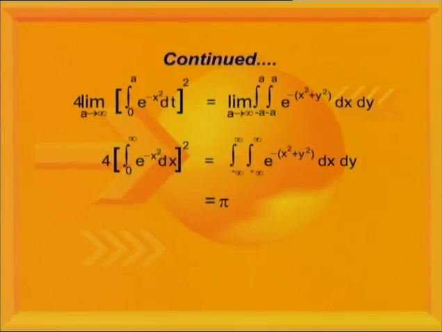Now if we take the limit of both sides when a is tending towards infinity, our left hand side integral becomes 4 times the square of the integral of e raised to power minus x square with respect to x from 0 to infinity, and the right hand side double integral becomes the double integral of e raised to power minus (x square plus y square) with respect to x and with respect to y.